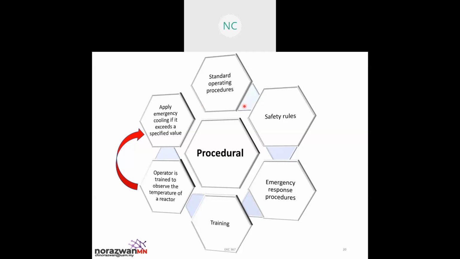So that layer of protection depends on you. Either you want to follow or not. Just like the COVID-19 SOP. It means that when you're dealing with something, the procedural or SOP is the last layer. Just like COVID-19, the government already released the SOP.